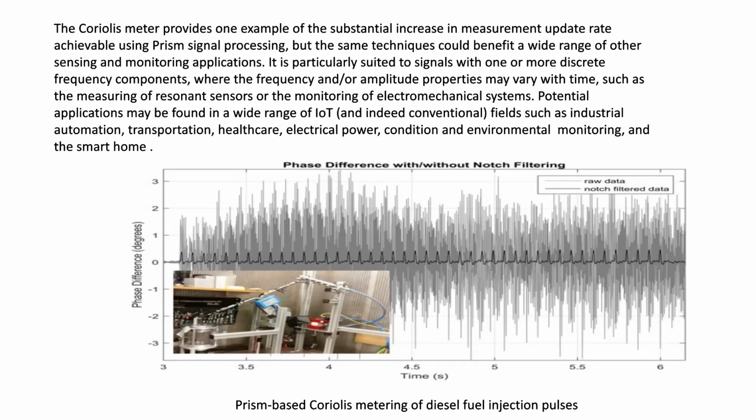Potential applications may be found in a wide range of Internet of Things and indeed conventional fields such as industrial automation, transportation, healthcare, electrical power conditioning, environmental monitoring, and the smart home. The figure shows the phase difference with and without notch filtering: Prism-based Coriolis metering of diesel fuel injection pulses.